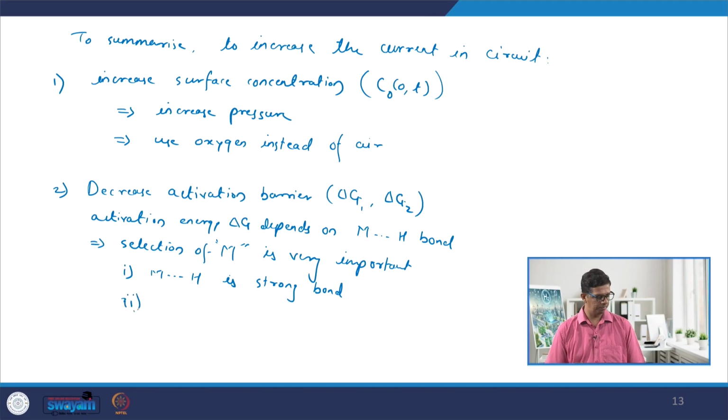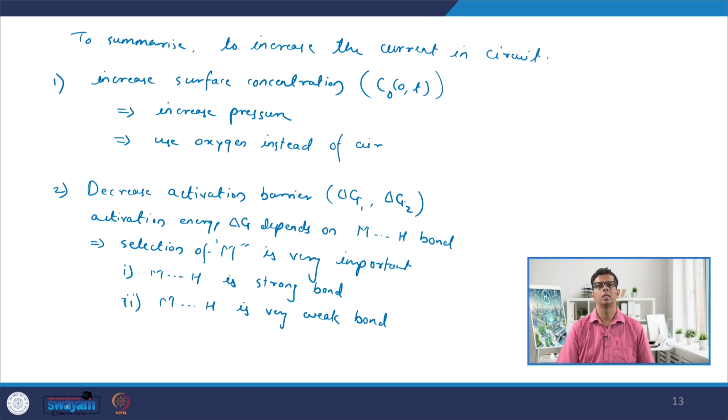Second case is this M-H is a very weak bond. So, if M-H is a very weak bond, in other words, hydrogen will find it very difficult to get chemisorbed on the metal nanoparticle and the further reactions will not take place. So, this M-H bond should be an intermediate bond.